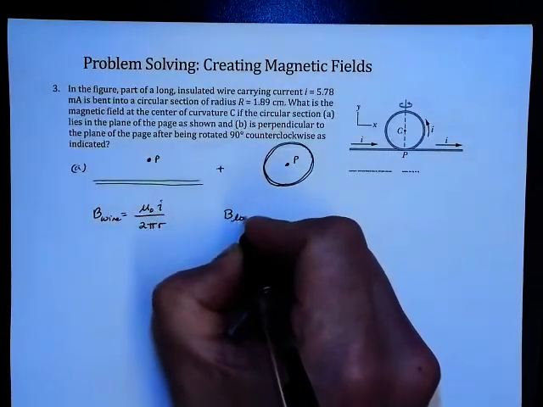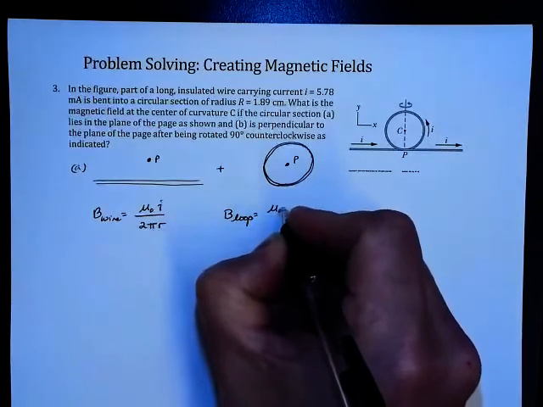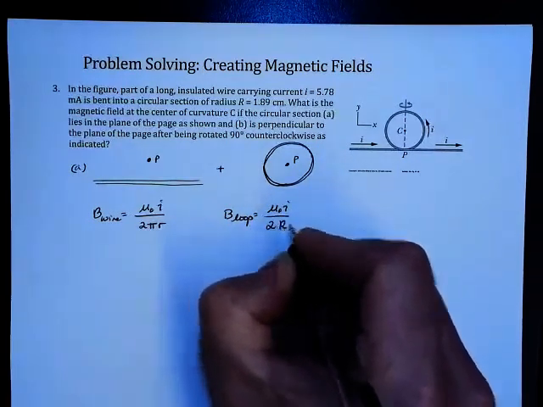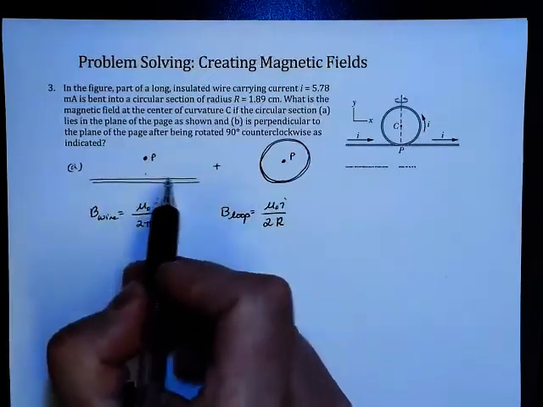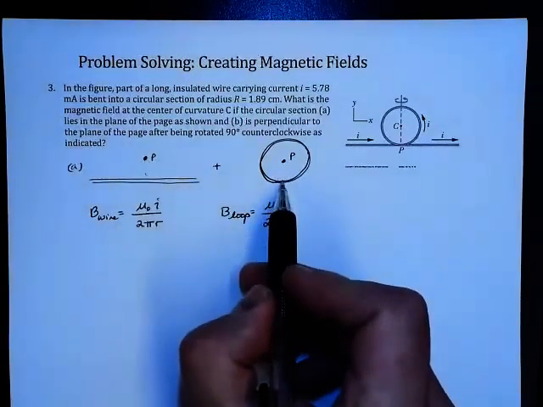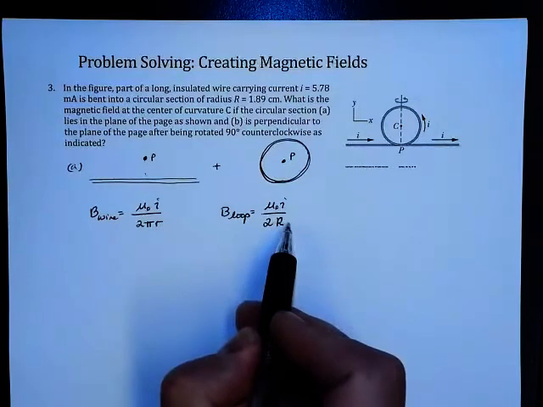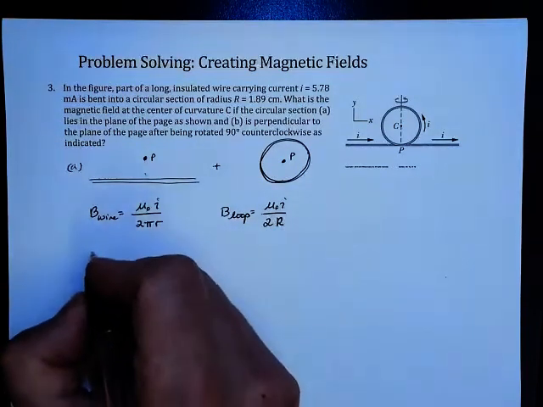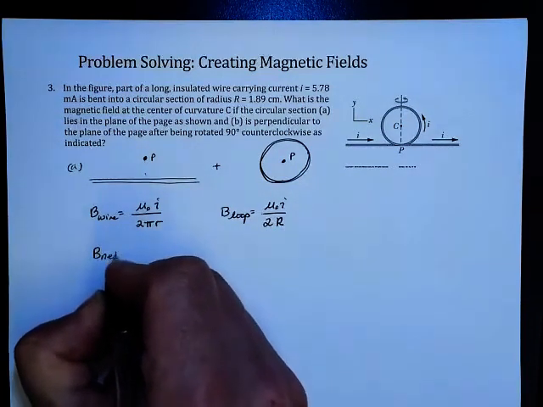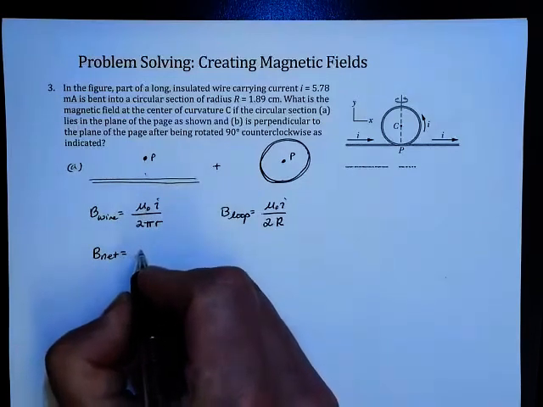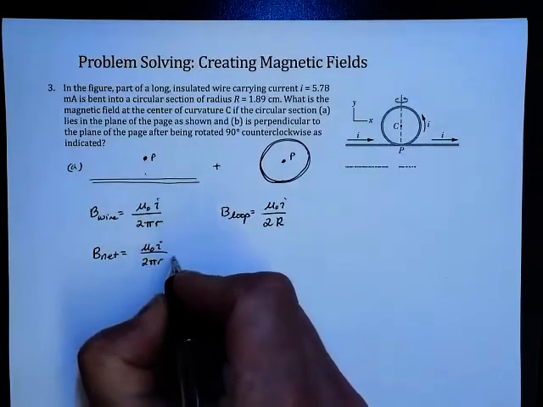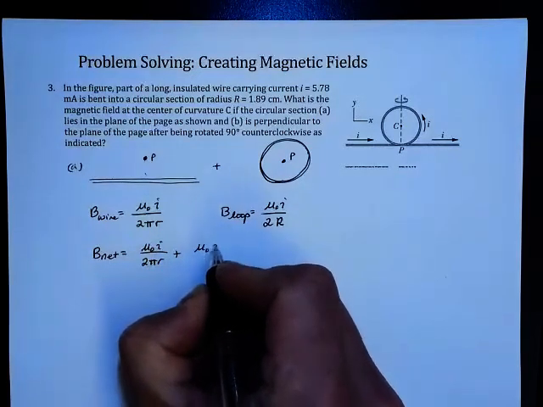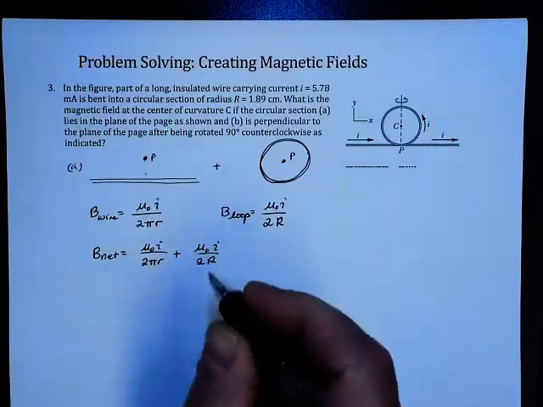The magnetic field from a loop is mu 0 I over 2 times the radius of the loop, but the distance we are from the straight wire is the same as the radius of the loop. So these r's are going to be the same in this particular situation. So the net magnetic field is mu 0 I over 2 pi r plus mu 0 I over 2r.